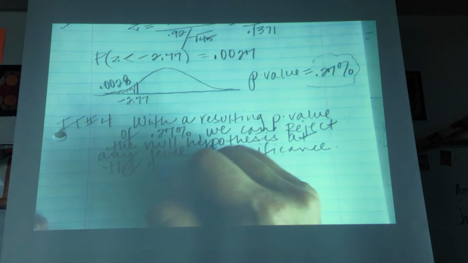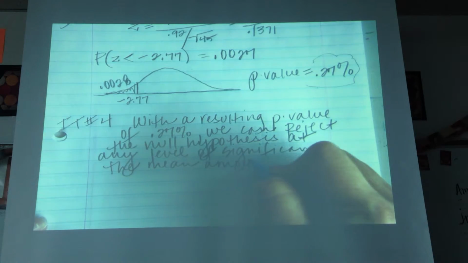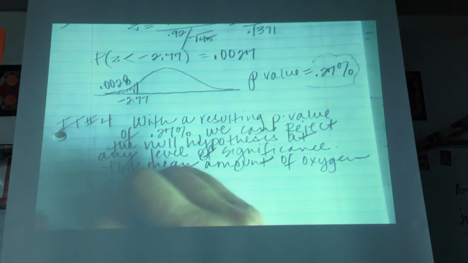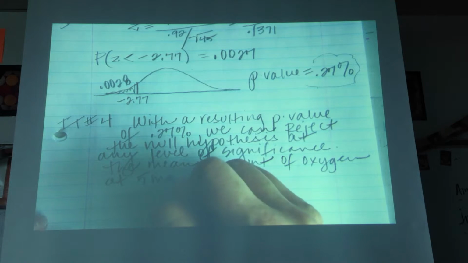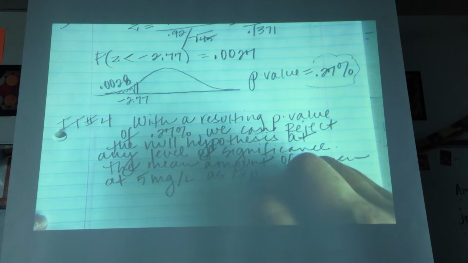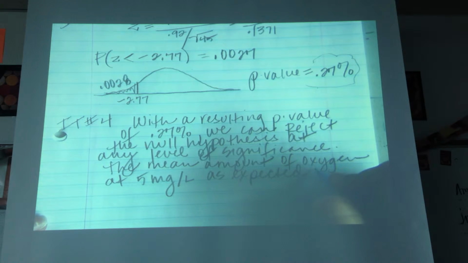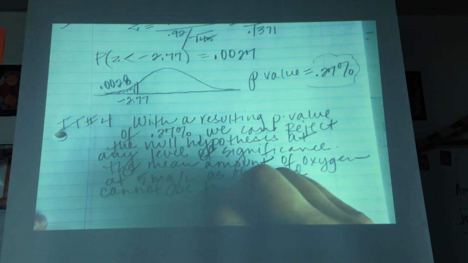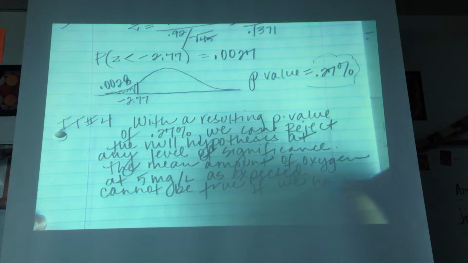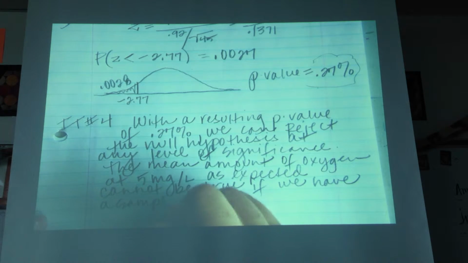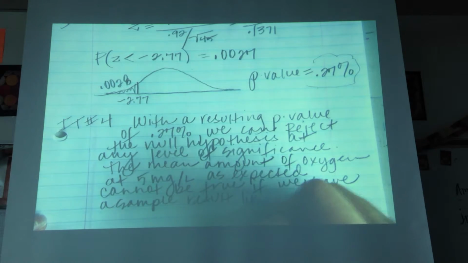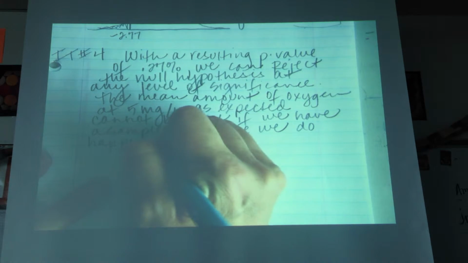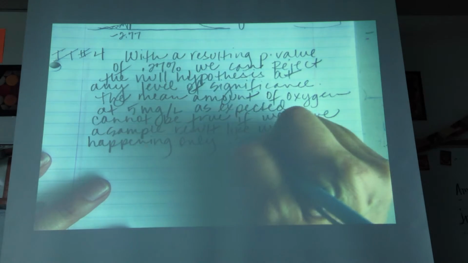This means that the mean amount of oxygen at 5 milligrams per liter as expected cannot be true if we have a sample result like we do happening only 0.27% of the time.